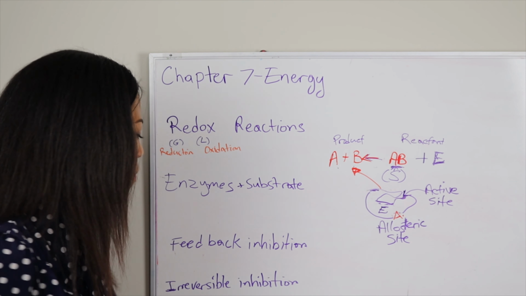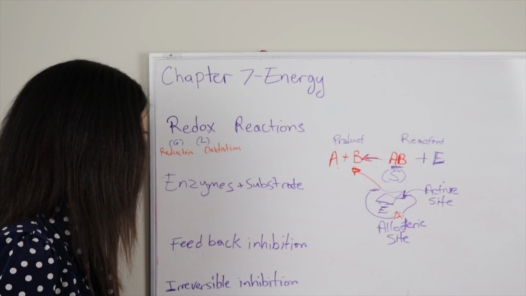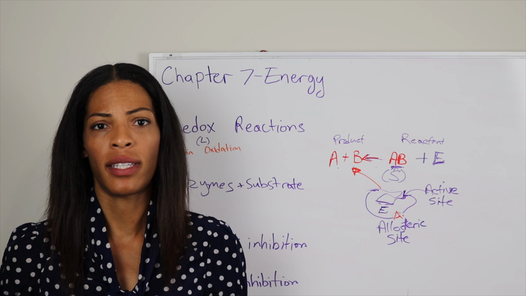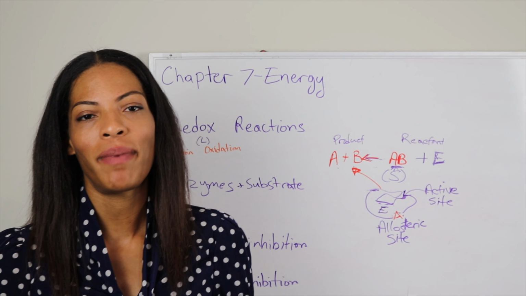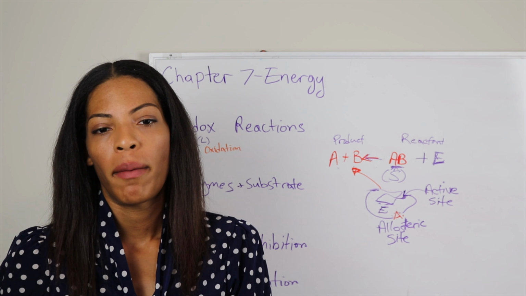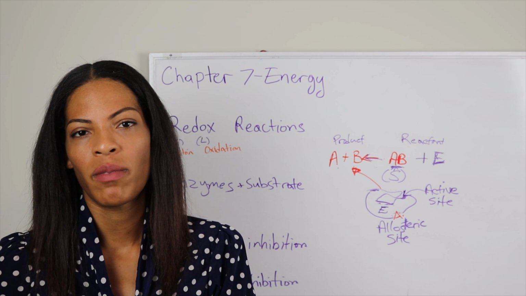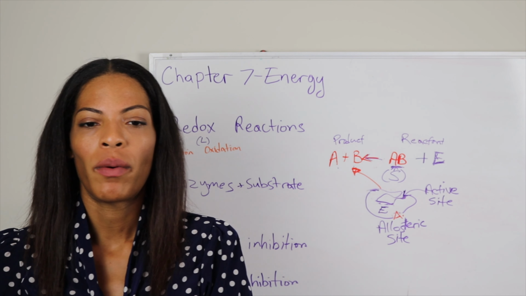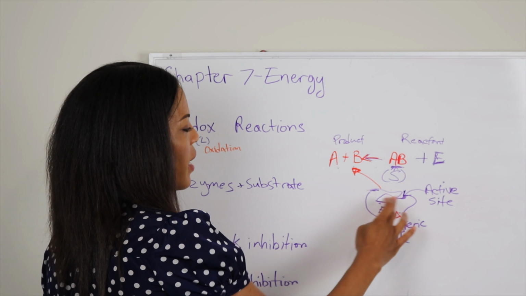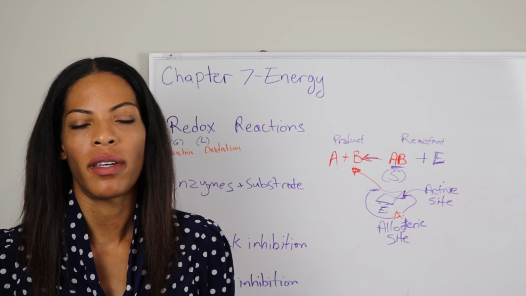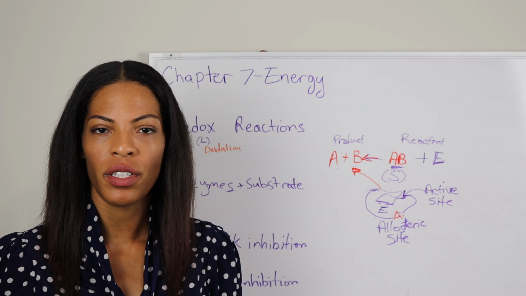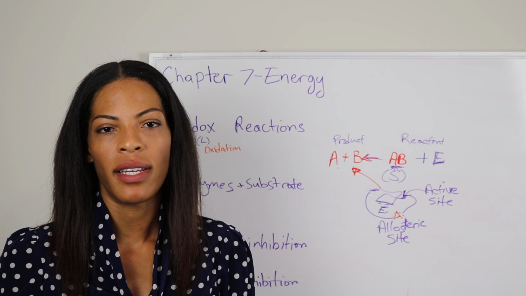Now, when it comes to irreversible inhibition, this is something that is scary for the most part, and that's because this can happen with certain poisons and sometimes certain drugs, but hopefully not the certain drugs. What irreversible inhibition is basically that if something binds to an enzyme or binds to another molecule, and you're not able to remove that thing to activate it again in the future, then you'll never be able to use that enzyme.